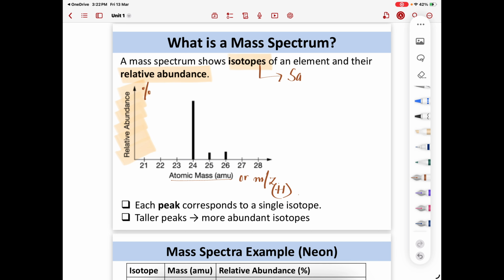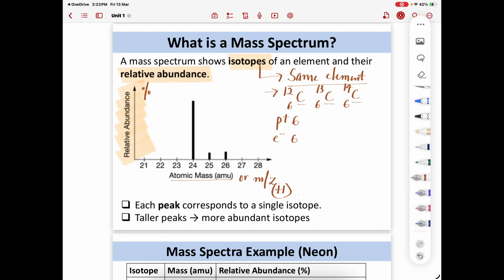Isotopes means atoms of the same element. Like you have carbon 12, carbon 13, carbon 14. They are all atoms of carbon. The atomic number is the same for all of them, but the atomic mass or the mass number is different.